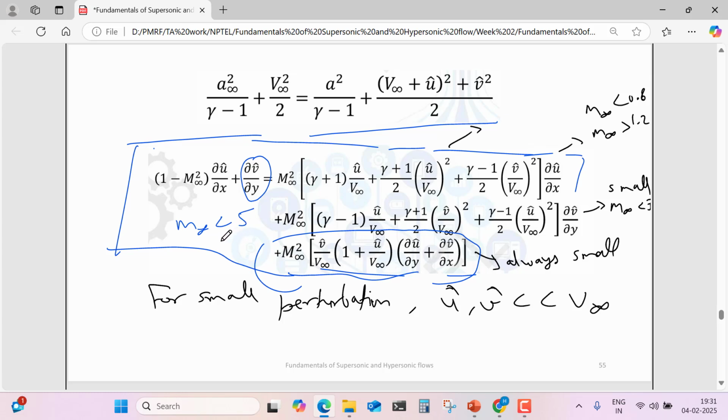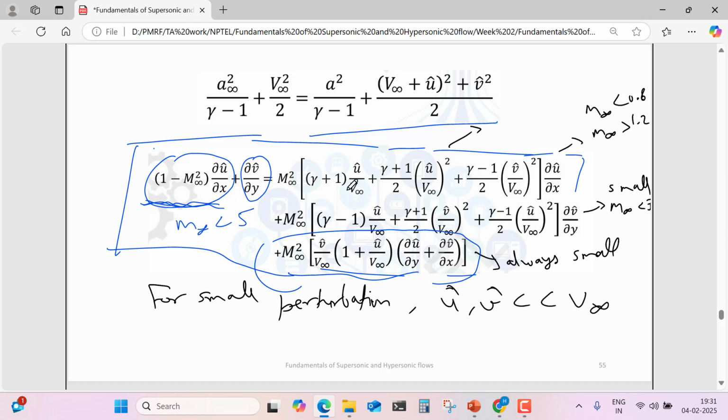It means for supersonic flow and subsonic flow. And this first term will be smaller than this term for Mach number less than 0.8 or Mach number greater than 1.2, because nearer to this the value will be small.